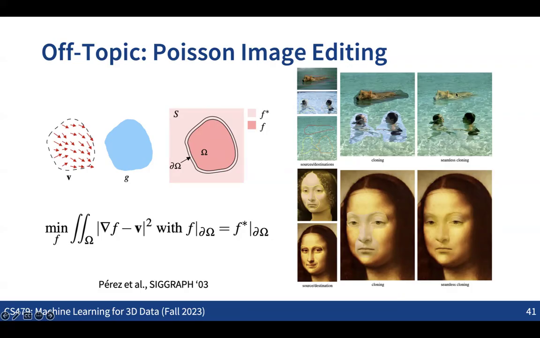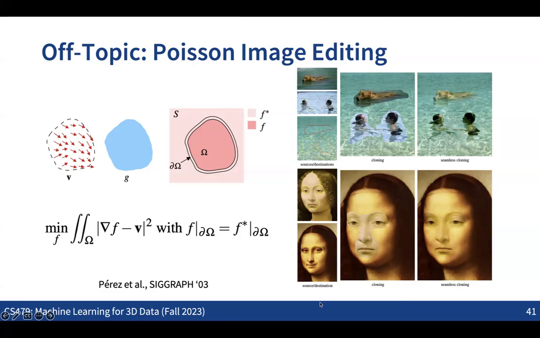So you can see that the tone of the output image is the same as the background region, while the gradient information is coming from the foreground here. Make sense? So this is one application of Poisson's equation, not in 3D, but in the 2D case.